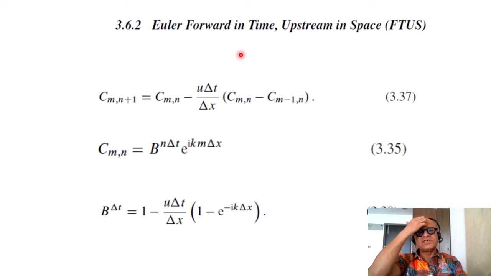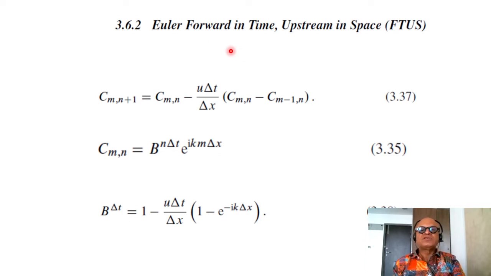So let's see if we can do Euler forward in time with upstream in space. So if u is positive and the waveform is moving in the positive x direction, then the information at m is coming from the previous x, or m minus 1, because the signal is propagating to the right in the positive x direction.